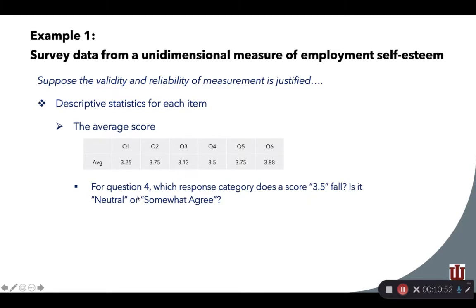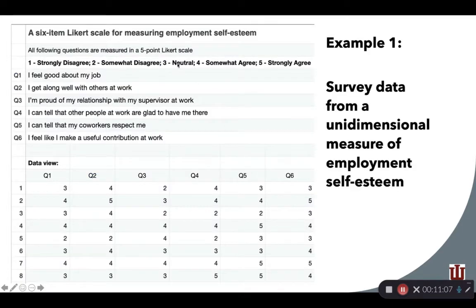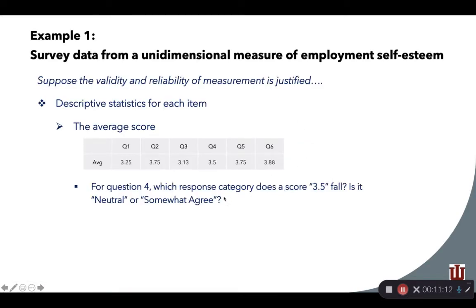But there is something you want to figure out. For example, for question 4, you have a score of 5.5, which is in between score 5 and score 4. So it's falling between neutral and somewhat agree. Then what your consideration will be, which response category does a score of 3.5 belong to?